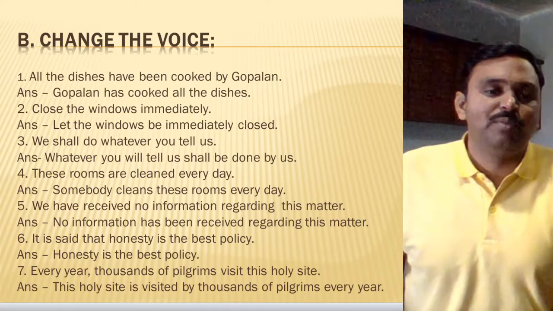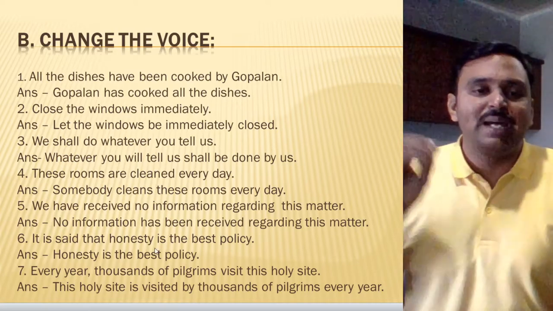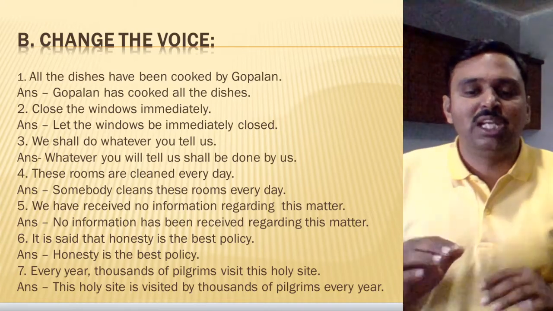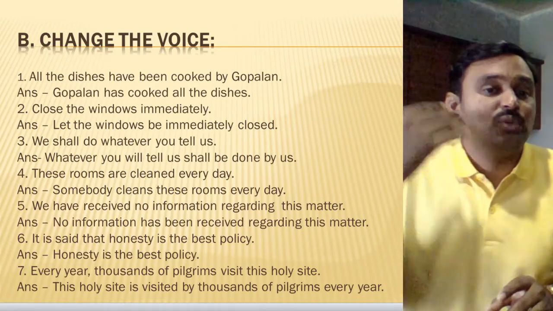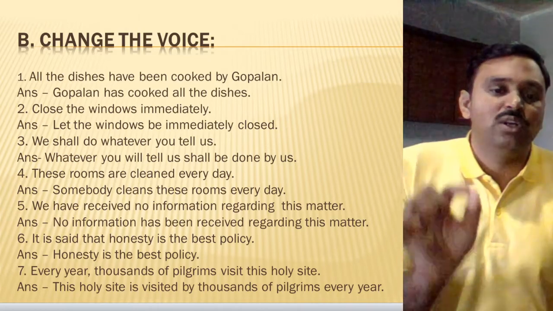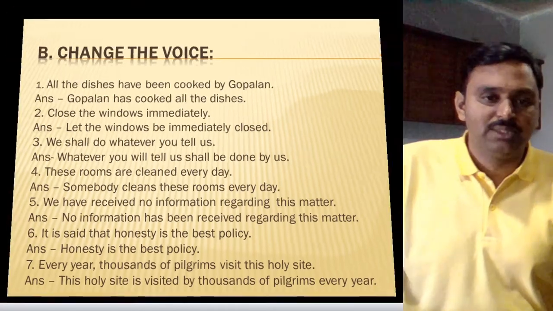Alright, this is major information that we need for changing the voice. Dear children, you must practice this. Until and unless you practice, you will never know how active and passive voice are changed. So watch this video again, copy them, write all the examples in your English notebook, so that it will be easy for you to complete that.